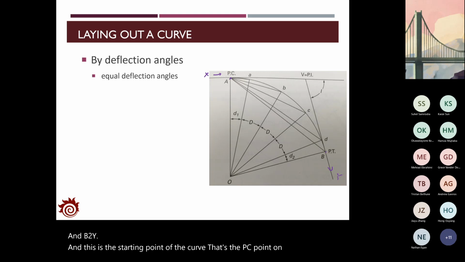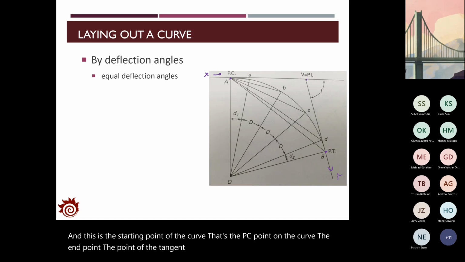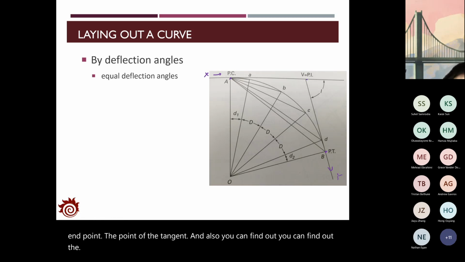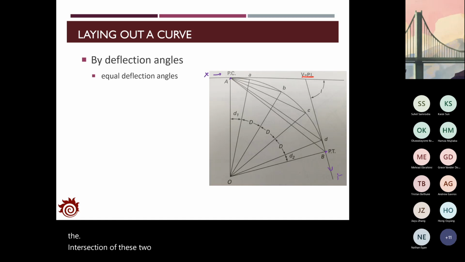You know the end point, the point of tangent, and also you can find out the intersection of these two lines, which would be the vertex or the point of intersection.